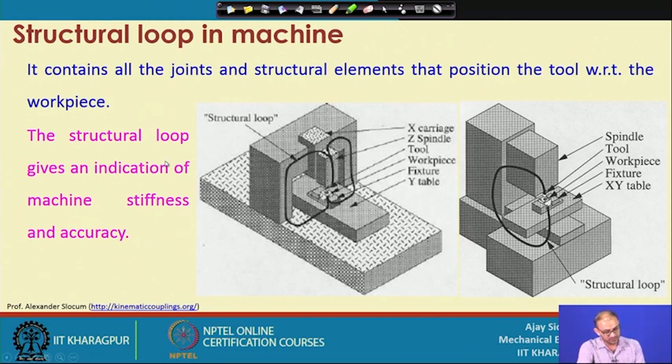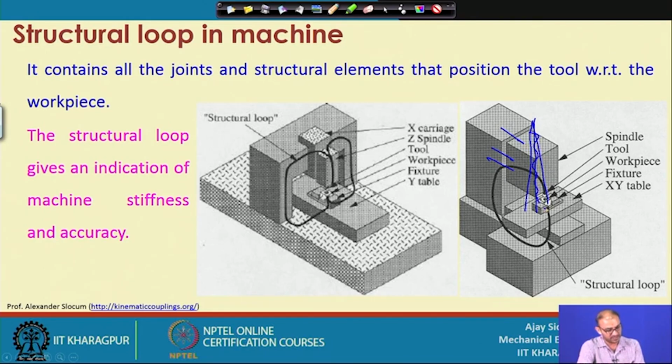Now, consider that there is some problem in the joint, suppose it is bolted, or it is fixed in terms of some type of slots. If there is some problem here, it is not moving exactly vertically, but moving a little bit in this direction, or maybe in this direction, or maybe in this way.